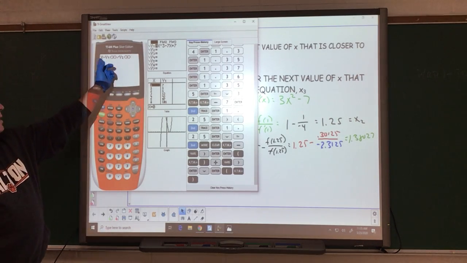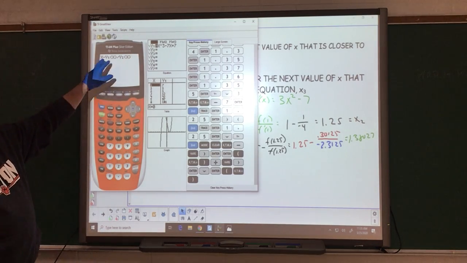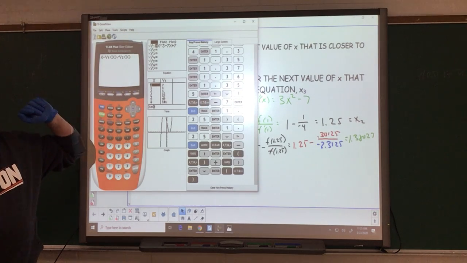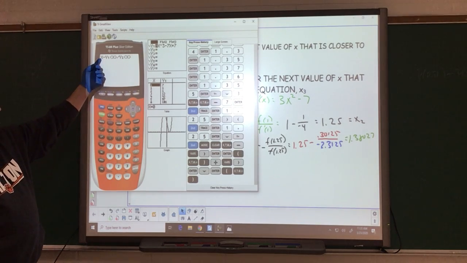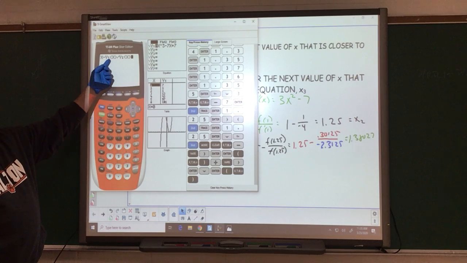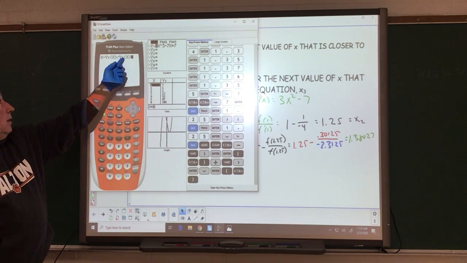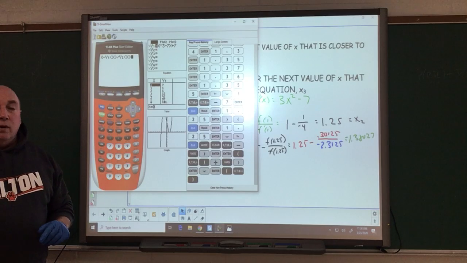What I've just typed in is what I've been dealing with here, my Newton equation. I have x, my function value at x, over y2, my derivative at x.